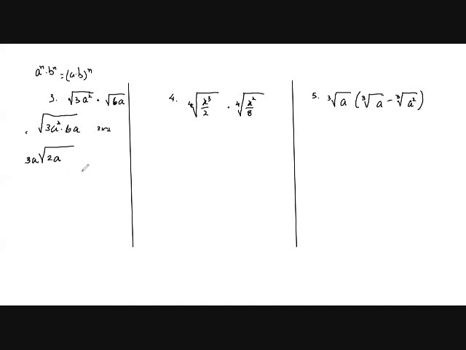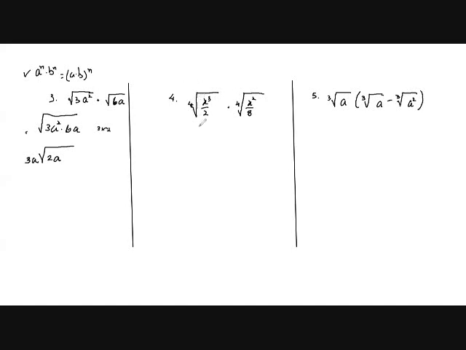Okay. Now this one can use this formula. The next one, multiplication also. You can see this is multiplication with the same index, right? Because this is the same index, square root or power 1/2. This one is what? Fourth root, right?